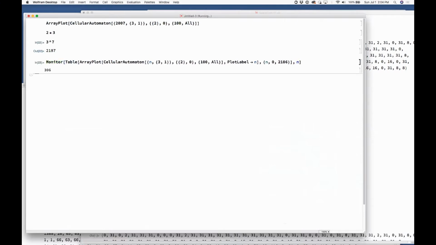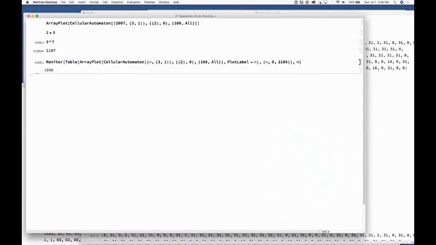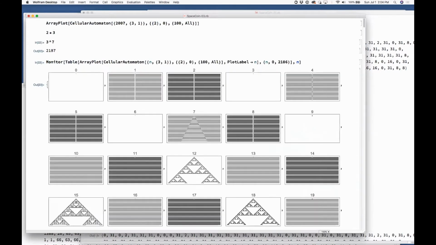This is a little bit boring, but it's not going to take too long. So now it just has to display them, which might take a little while. And this should give us... there we go.